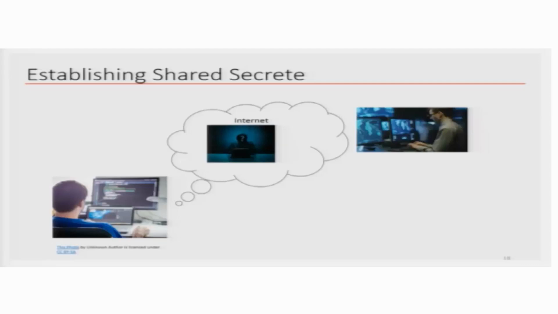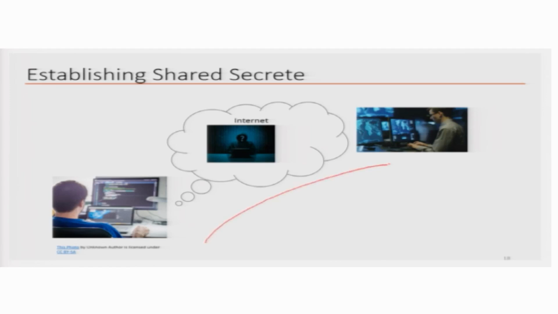Therefore, it is not very fast. So, I have to eventually use symmetric key cryptography, but to establish the secret key between the two parties I need to use public key cryptography. So, that is what public key cryptography is normally used for.